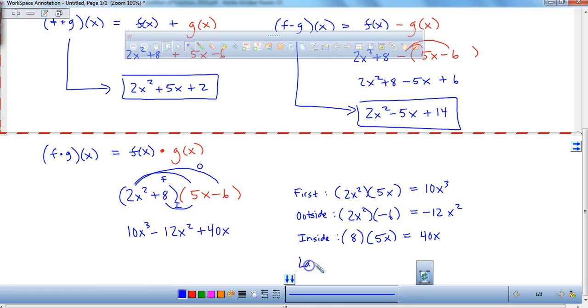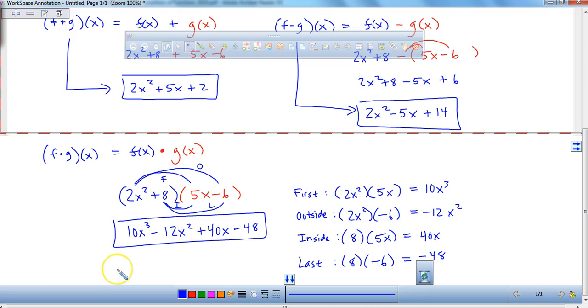And then let's just focus on the last terms, the L. They are 8 times negative 6, which is negative 48. And so there is f times g of x.